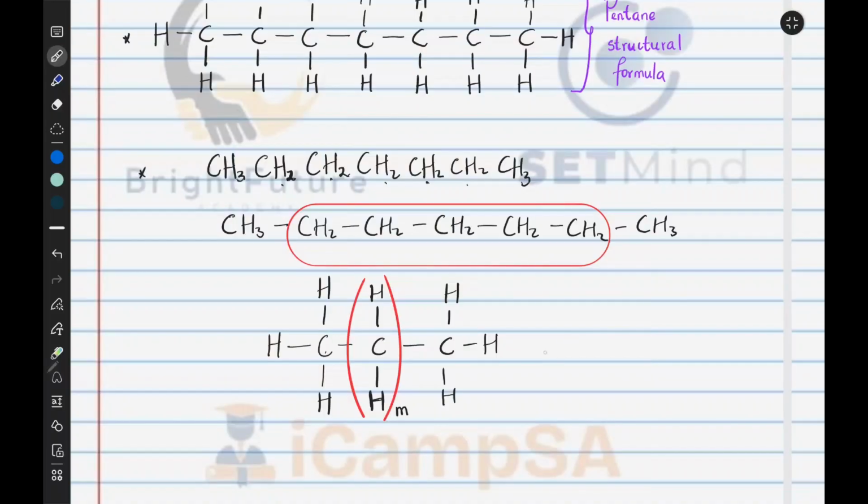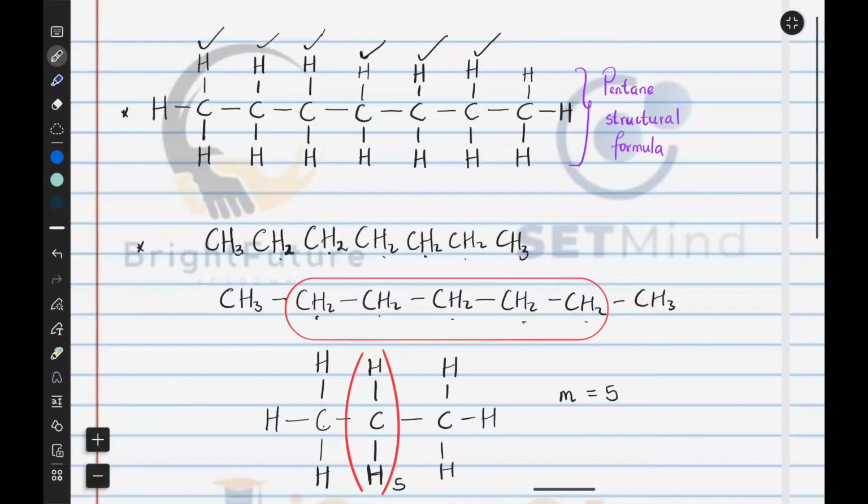In this case, M would be equal to 1, 2, 3, 4, 5, so it would be 5 here. This is another way of writing it, called an abbreviated structural formula.